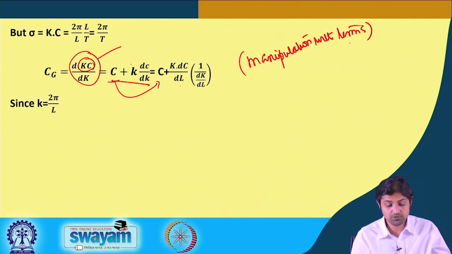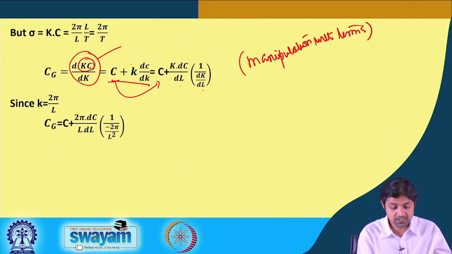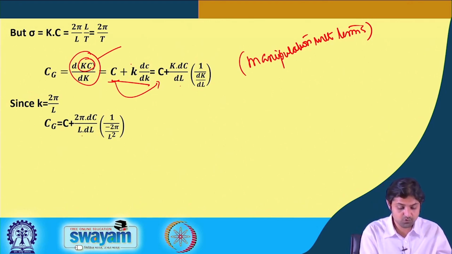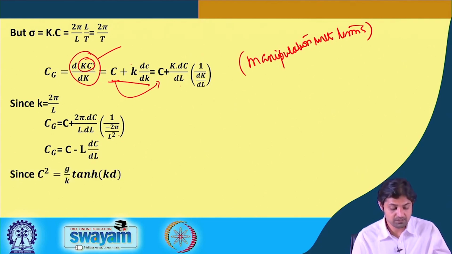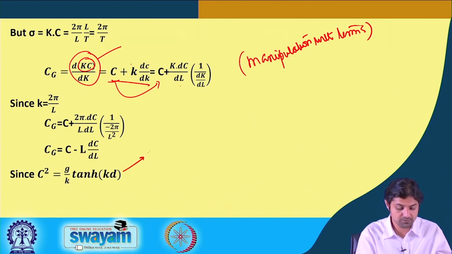Since k is equal to 2 pi by L, Cg will be c plus k, we write 2 pi by L, dc by dL into 1 divided by minus 2 pi by L square, or Cg is equal to c minus L dc by dL, since c square is equal to g by k tanh kd from the dispersion relationship.